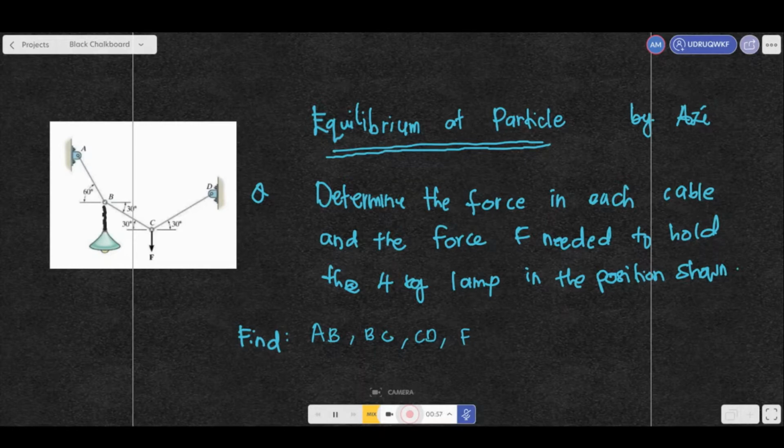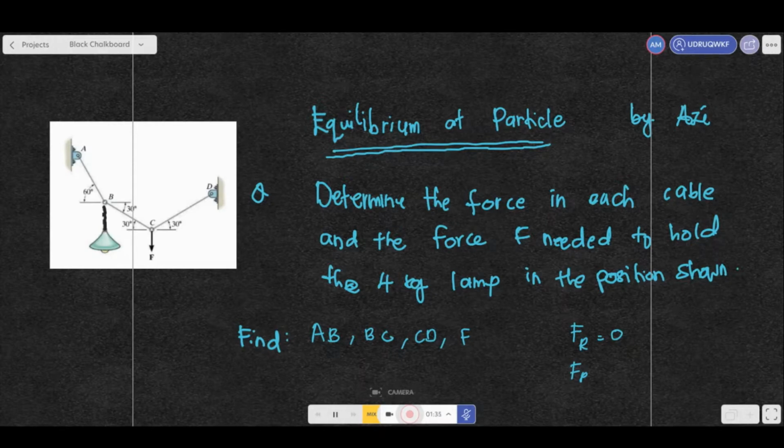In order for us to solve this problem, we need to know if it is in equilibrium. It means that the particle is at rest or in constant velocity, which means the acceleration is equal to 0. As a result, we can say that the resultant force is equal to 0, and also the components of the resultant, Frx is equal to 0 and Fry is equal to 0.